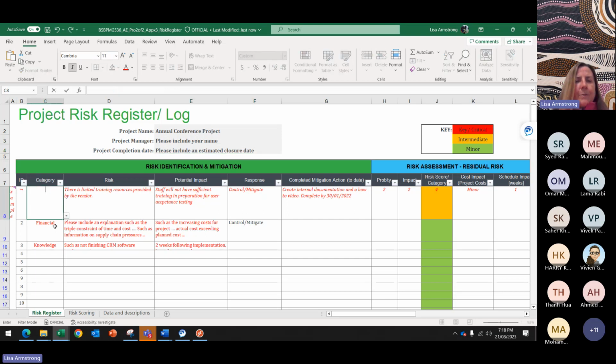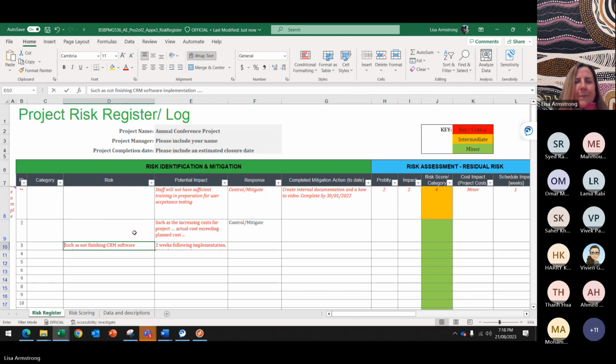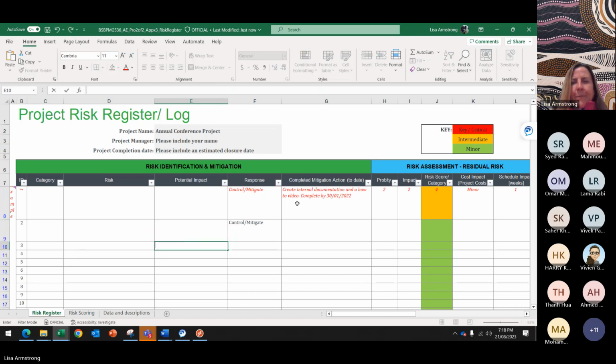Get rid of these because we'll start again. That's from the software project.